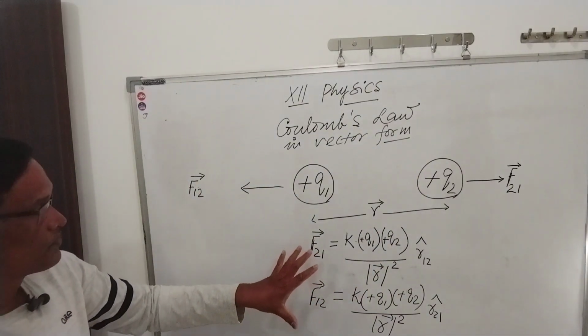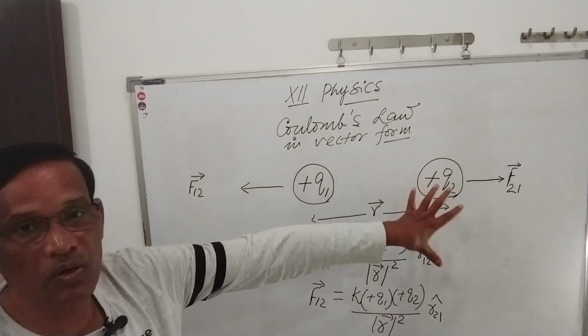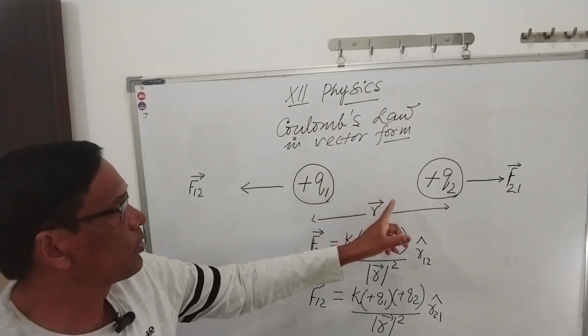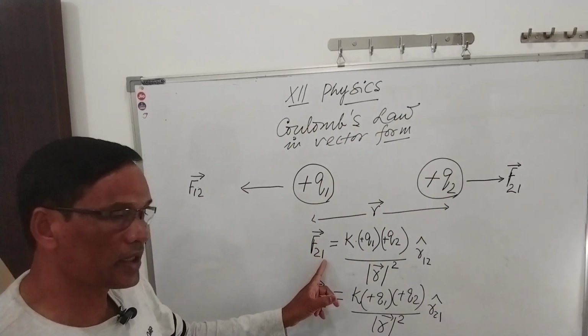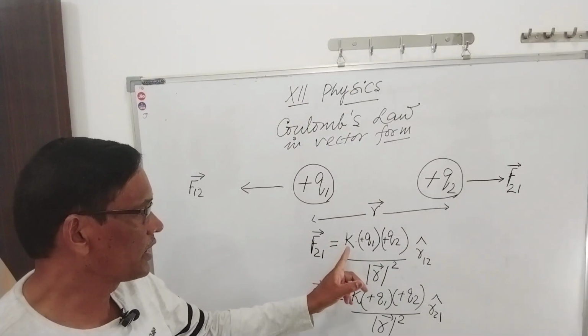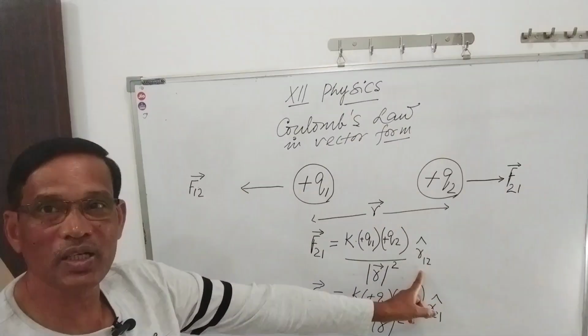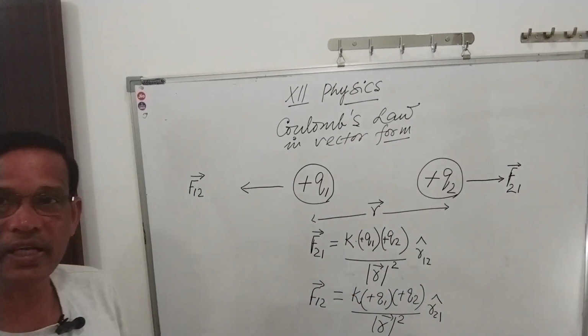So this is how you apply Coulomb's law in vector form for the two positive charges. Force on 2 due to 1 is Coulomb's law with one unit vector, direction is also assigned.